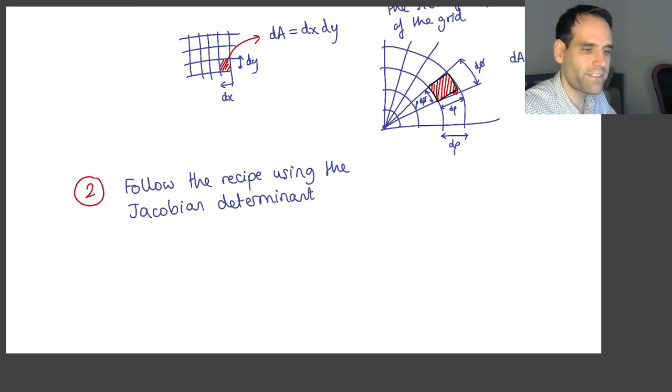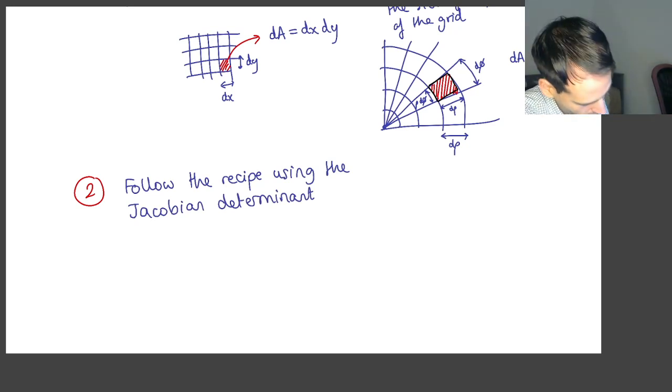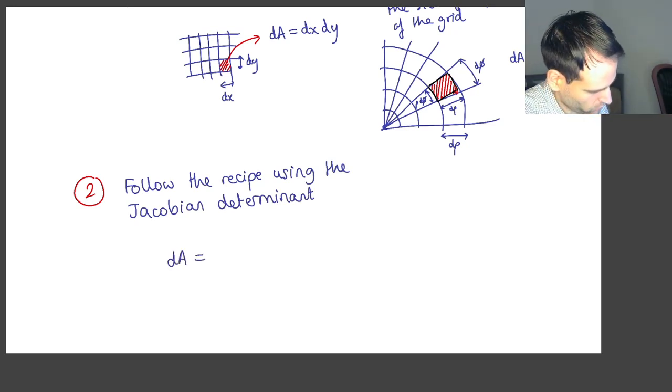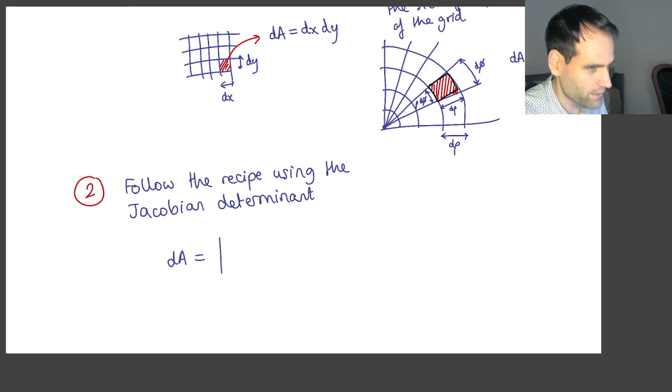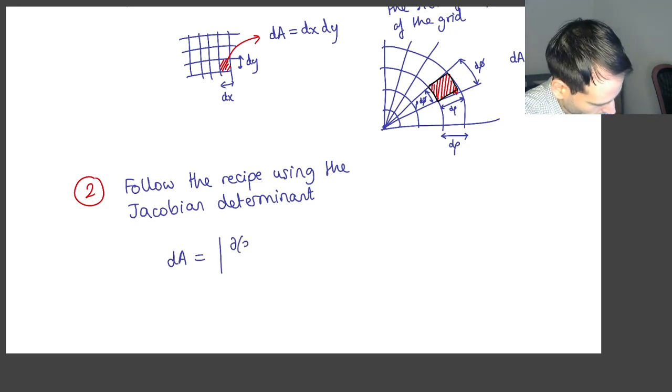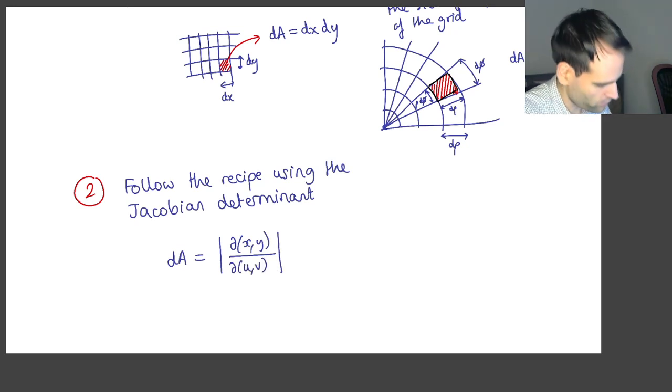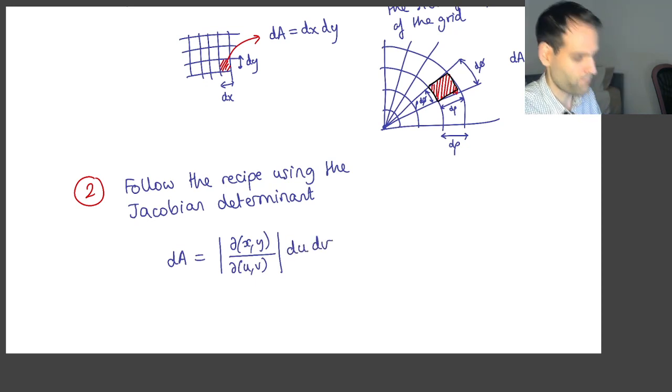And let me write that recipe for you. The new dA is equal to the Jacobian determinant of x and y with respect to u and v, where x and y are the old variables and u and v are the new variables, times du times dv.